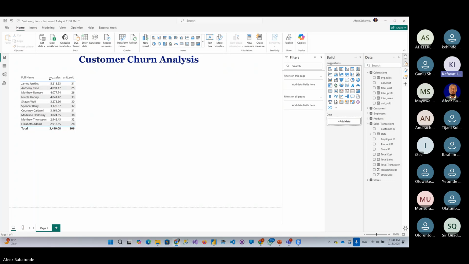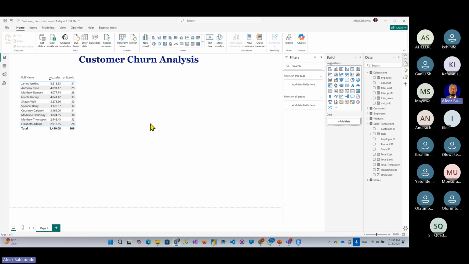Then identifying repeating customers versus one-time customers, customers that have been our frequent customers, that come often and often. What do you business guys call it? Returning customers. Yes, customer purchase frequency.